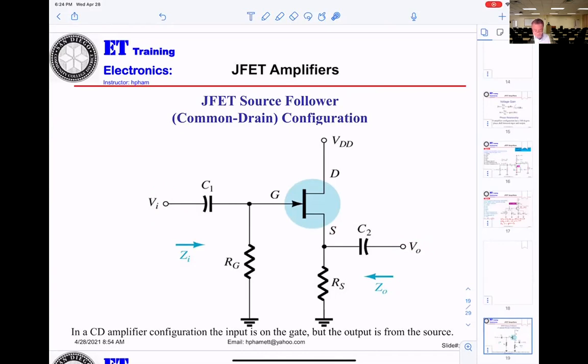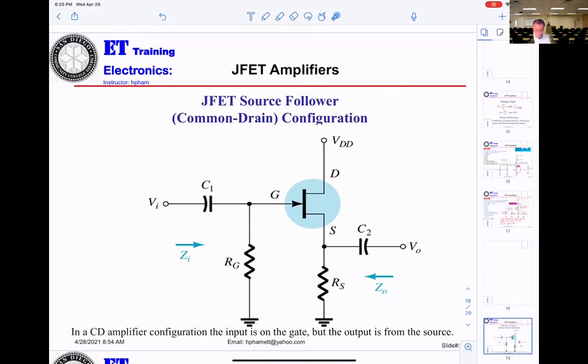The thing is, when the capacitor is shorted for AC, Vout and Vs will be the same. Okay? And input impedance is looking from the input into the amplifier. You can easily recognize Zin or whatever, or Zout.